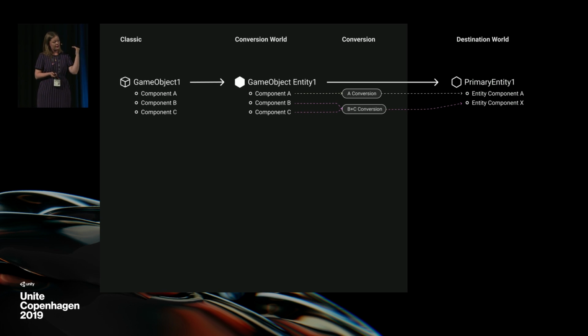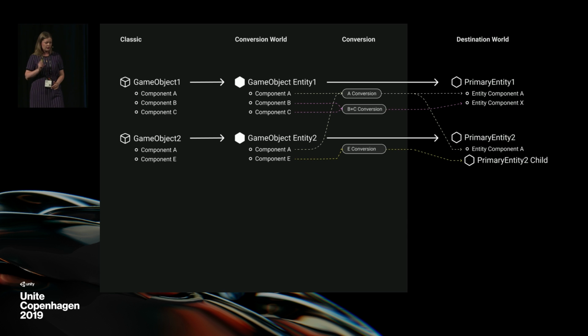Here, if we have a game object that also has components B and C, we can see that they are getting picked up by a conversion system called B plus C conversion, and from them, we're creating entity component X. So it's an example of two things becoming one. We can think of more complicated examples, such as game object 2, which has component E. And the E conversion system looks for component E, and then it actually gives a child entity based off of that component.